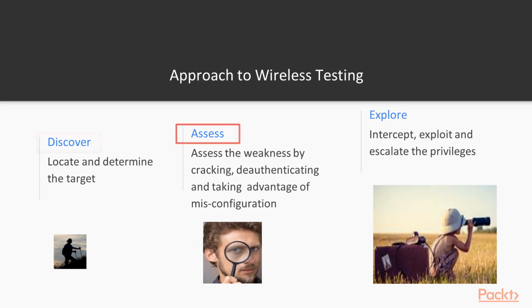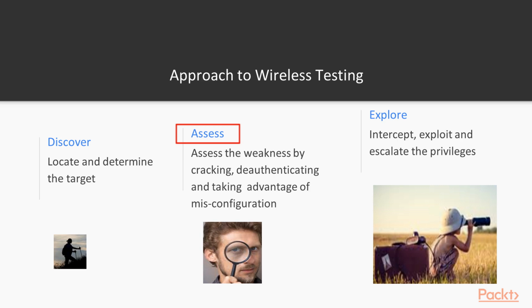And then assess is the place where we will identify the weaknesses of what type of wireless technology is being utilized, and we will perform various techniques for different types of wireless technologies such as WEP, WPA, WPA2 and WPS.